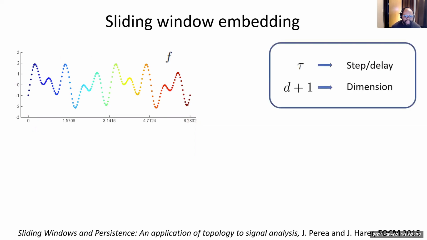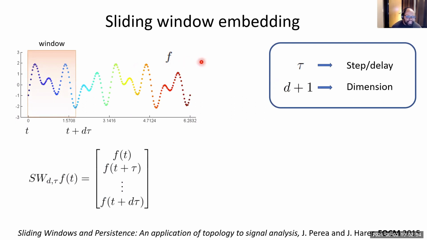And we choose two parameters: the step or the delay, tau, which is a positive real number, and the embedding dimension, controlled by an integer d. So what do we do? For each t in the domain of f, we evaluate the function at the time points t plus tau, t plus 2 tau, all the way up to t plus d tau, and we put them all in a vector.